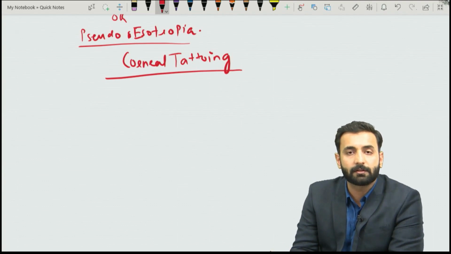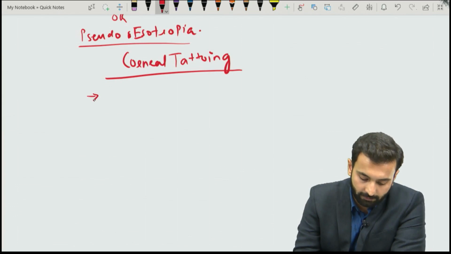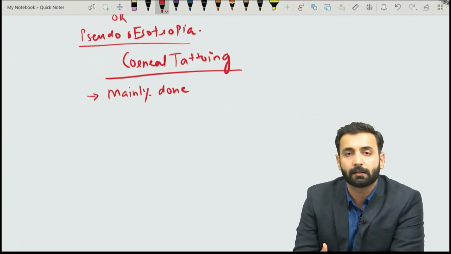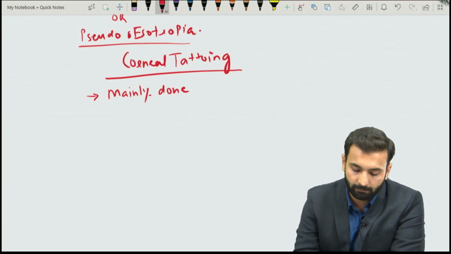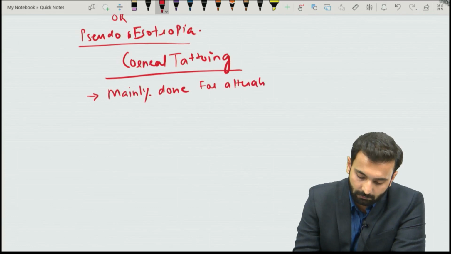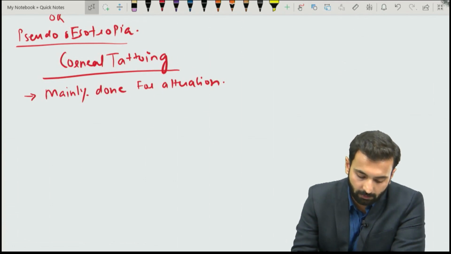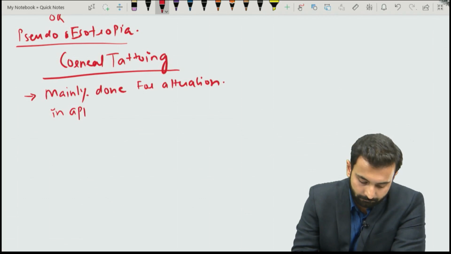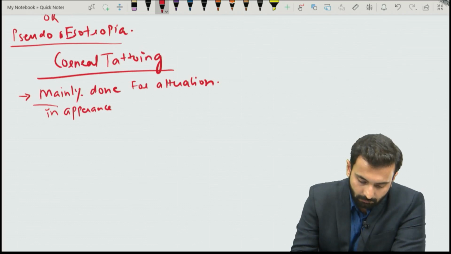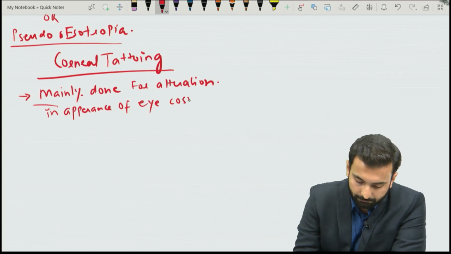Now what are the indications of corneal tattooing? Write down. It is mainly done for alteration in the appearance of the eye, cosmetically, right?